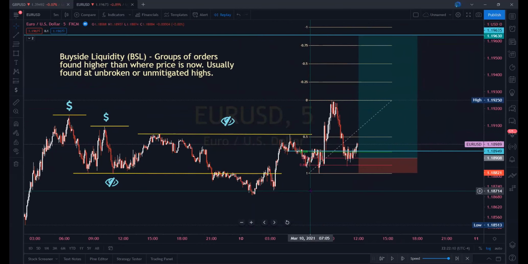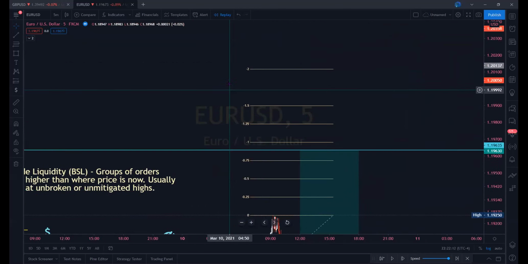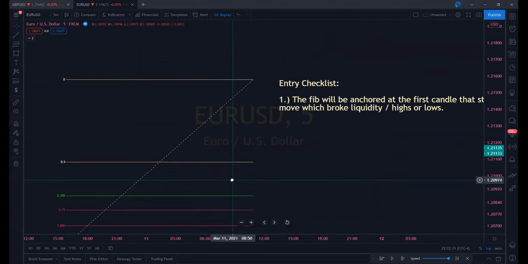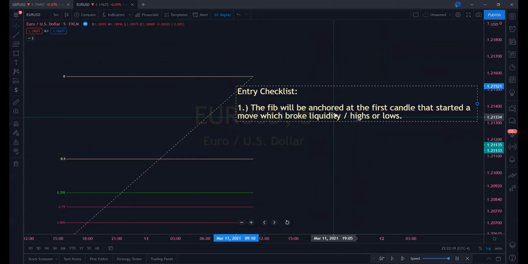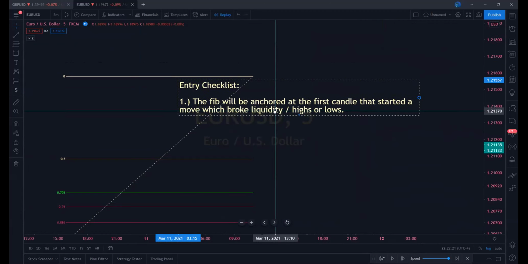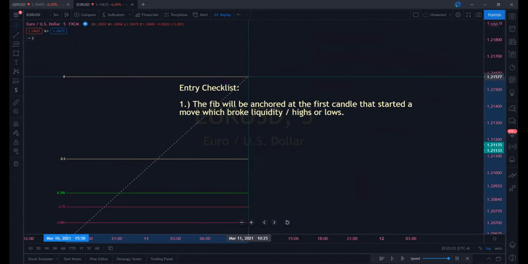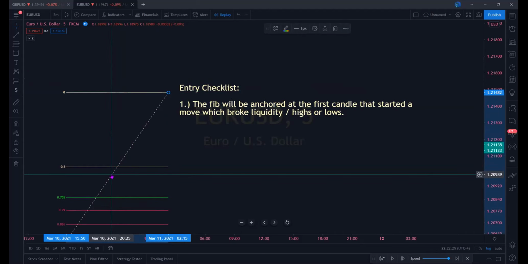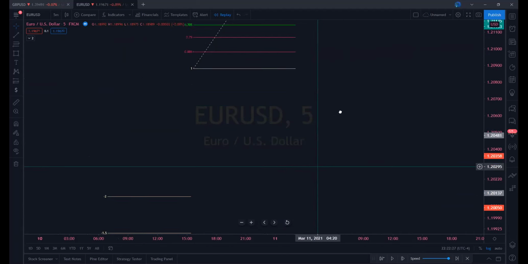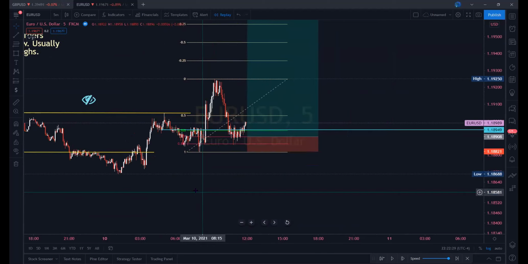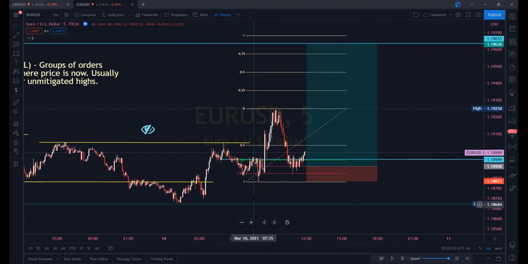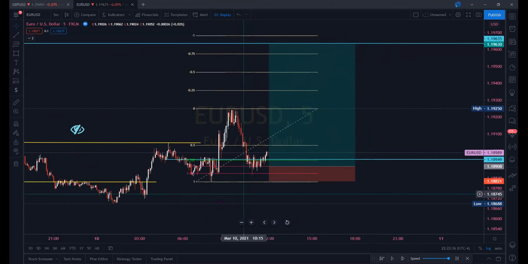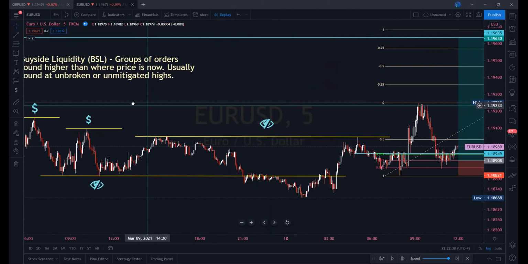Now, one of the pieces of the checklist that we noted up here was that the fib is going to be anchored at the first candle, which started a move which broke liquidity at highs or lows. Let's see the example that's given here. Where's the origin of the move that pushed price higher, that broke these significant highs?